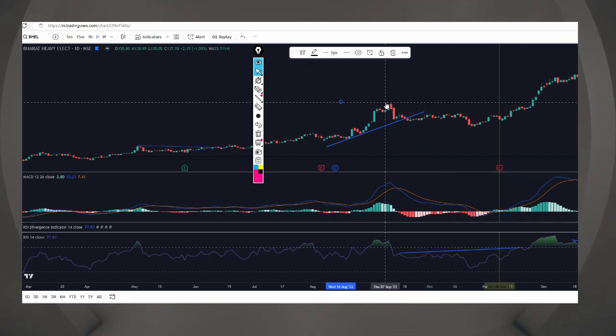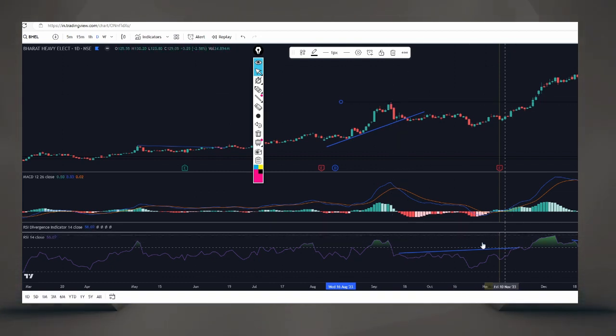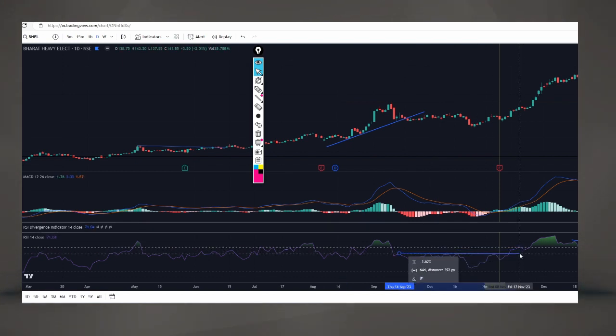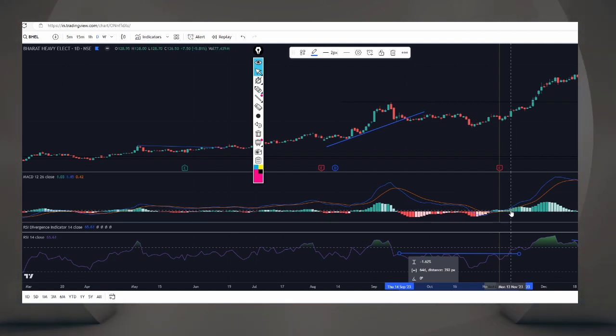So you wait for that failure swing to happen. That means you get data points which you can connect, and then RSI crosses above that point, which gives you entry into the stock. And here you can see that it beautifully also converged with the MACD crossover. So it's a very reliable signal, and it gives some fantastic results as well.